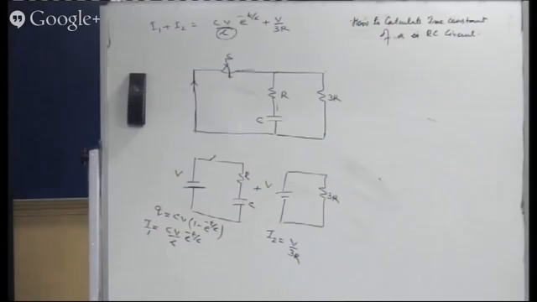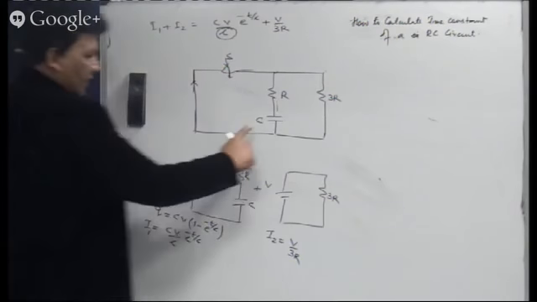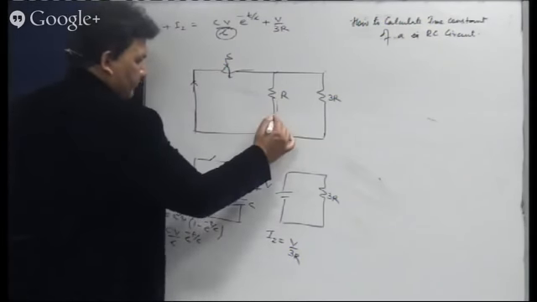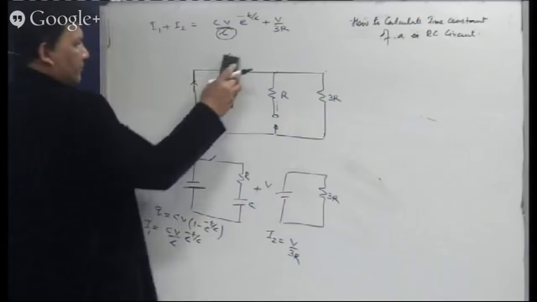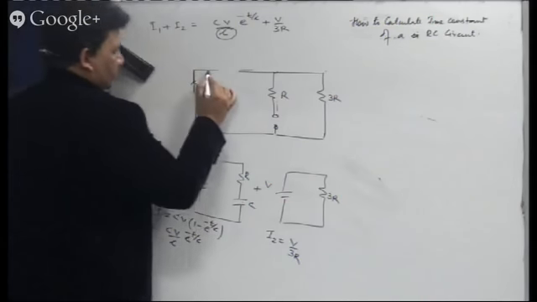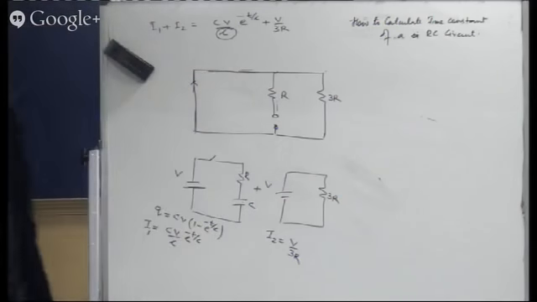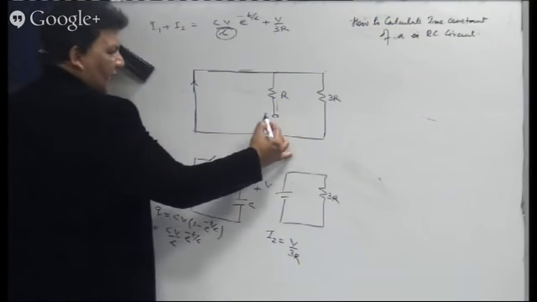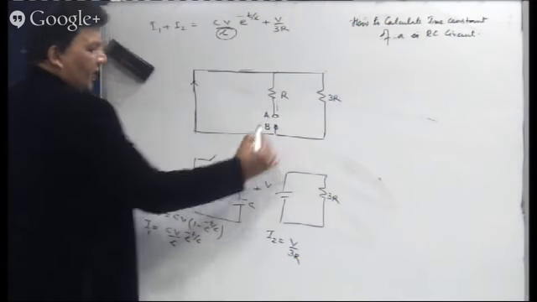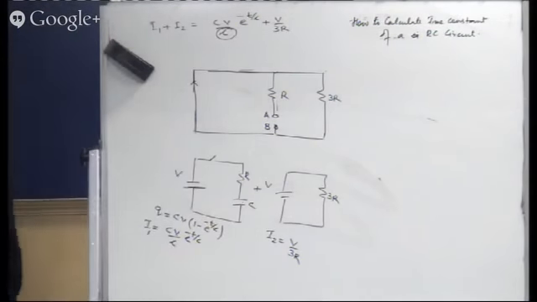Open circuit the capacitor. ये कर दिया. Step two. Find equivalent resistance between A and B.